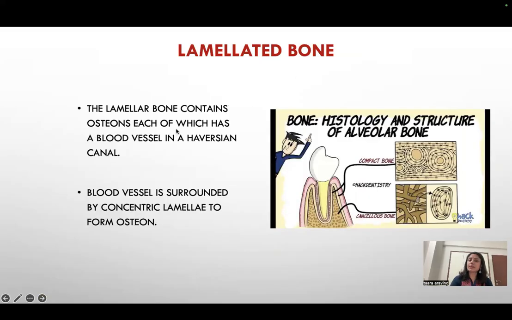The lamellated bone as well as the bundle bone, both are compact bone. So histologically, when you see a compact bone, we can see the same histological structure as I've explained before: circumferential lamellae, concentric lamellae around a Haversian vessel, and a Volkmann's canal. So both the lamellated and the bundle bone are compact bone.